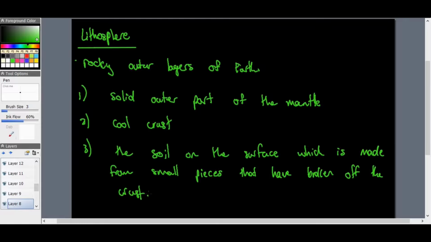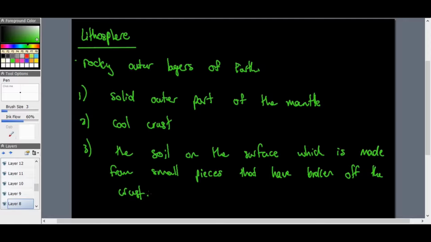So that's the three parts of the lithosphere. We're obviously going to discuss them and carry on, but basically the soil and crust and the outer mantle is the lithosphere itself, coming from the Greek word lith, which means rock, or rocks should I say.